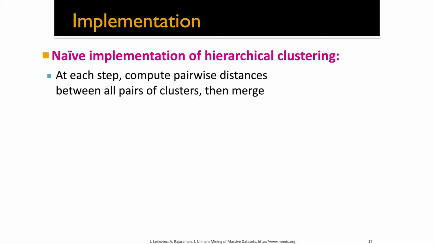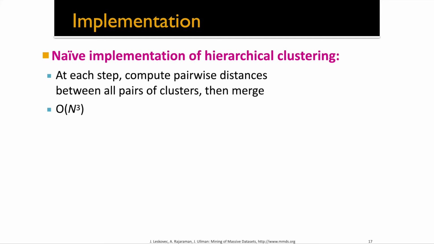And when we talked about hierarchical clustering, we briefly alluded to some problems with the implementation for this. At each step, what we have to do is understand or evaluate pairwise distances for all pairs of points in clusters that we then have to merge. From a complexity standpoint, this is problematic.